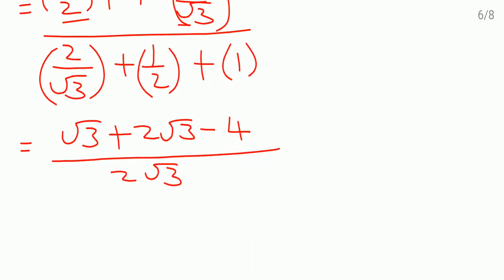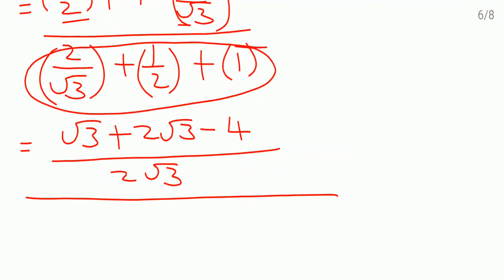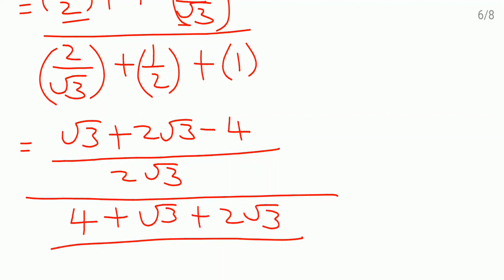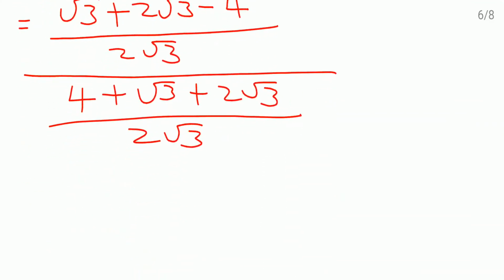Okay, we have done with the numerator. Now come to the denominator. Here also we have to do the LCM. Fine. So here 2 2s are 4 plus root 3 and plus 2 root 3 divided by once again 2 root 3. Now just see here. At this place also 2 root 3 and here also 2 root 3.